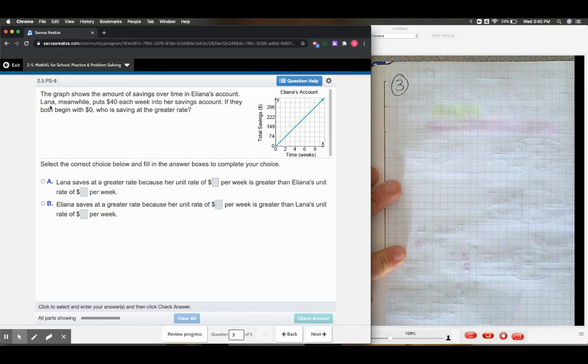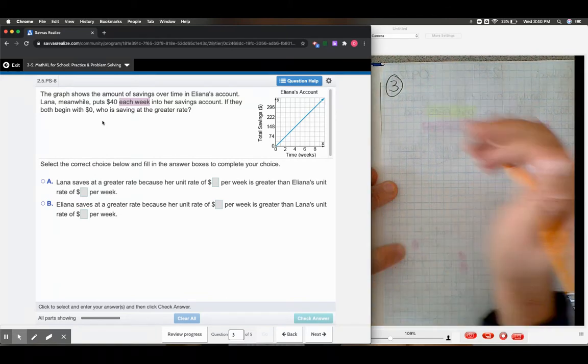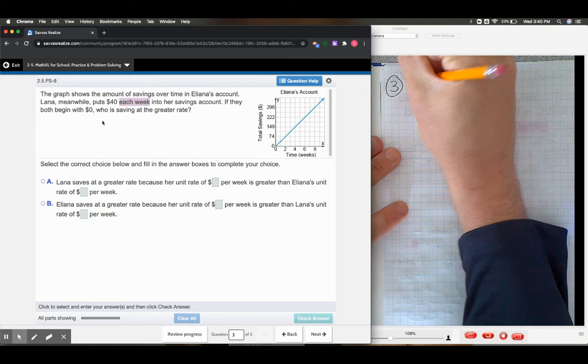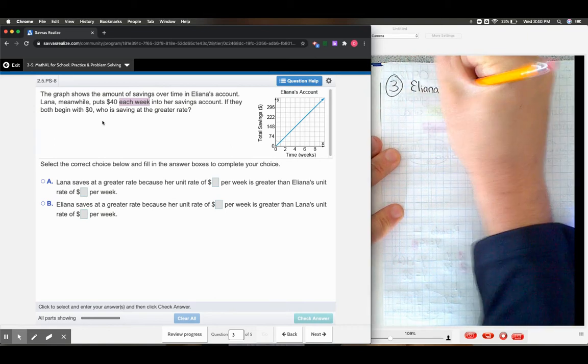And then a different person, Lana, meanwhile, she puts $40 each week into her savings account. If they both begin at 0, who is saving at the greater rate? So who's saving more money? All right. Again, we know graphs pretty well now, so let's start with the graph. Elania. She's in the graph.